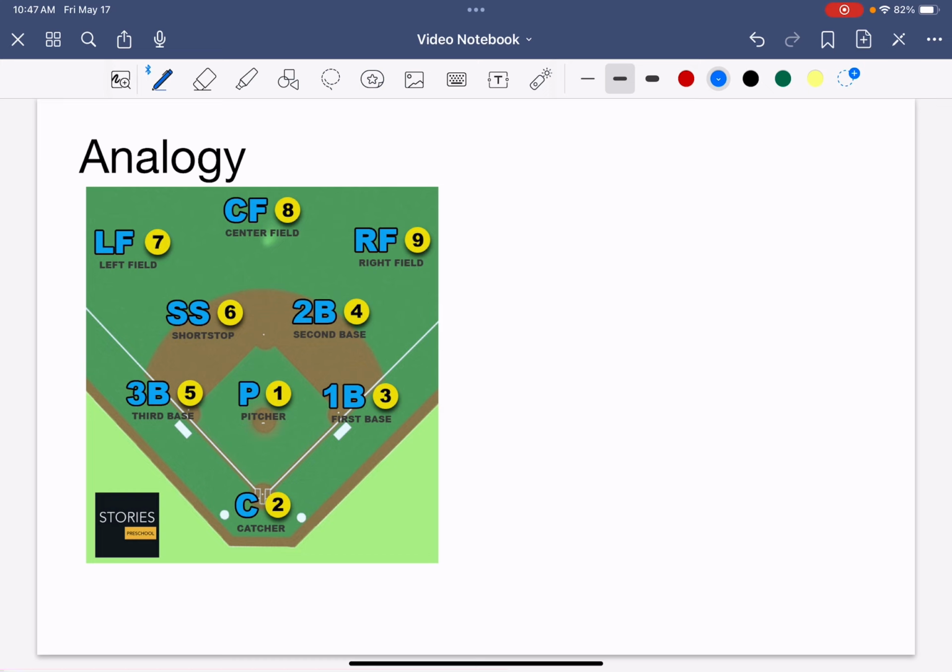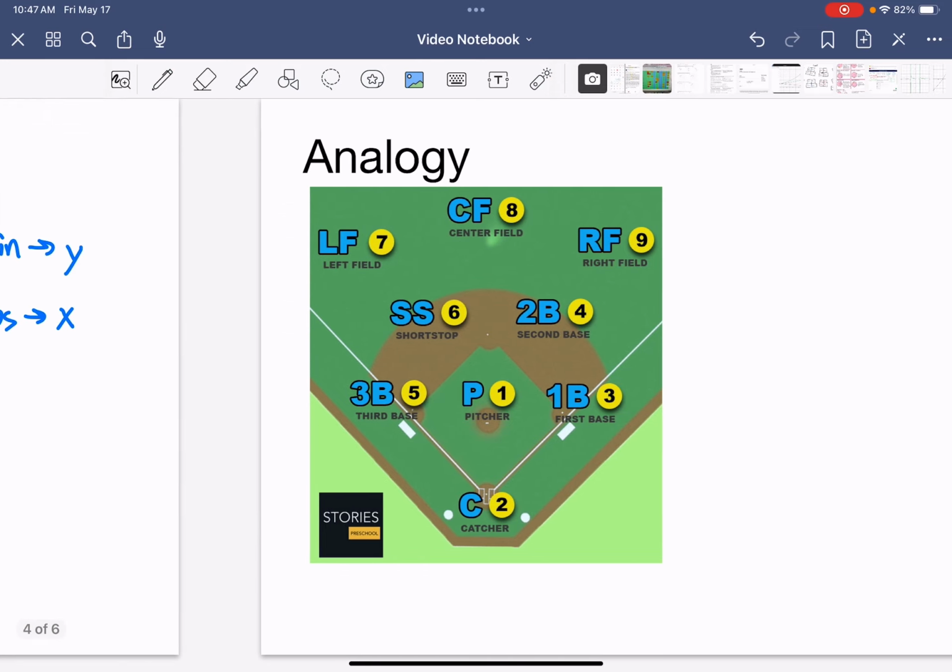Regardless of what level, from little league to the big leagues, college ball, or high school ball, the positions are the same, especially if you're the scorekeeper trying to keep stats. The numbers are the same. The positions are the same. So when you tell a kid, hey, you're going to play center field, you're playing third base, you're playing first base, those kids know where they're supposed to run when it's their time to play.